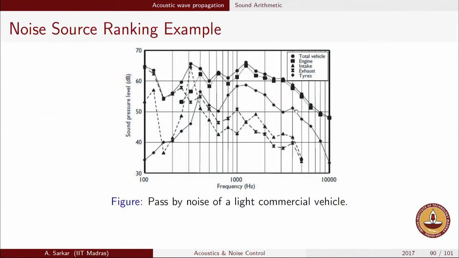So, here is an example where we employ the dB subtraction rule as was explained in the previous slide. In practical applications such as in a vehicle, we know that there are lots of noise sources. Typically in a vehicle you will find the engine, the transmission, the intake, the exhaust, the tires, all of them contributing to the total noise.